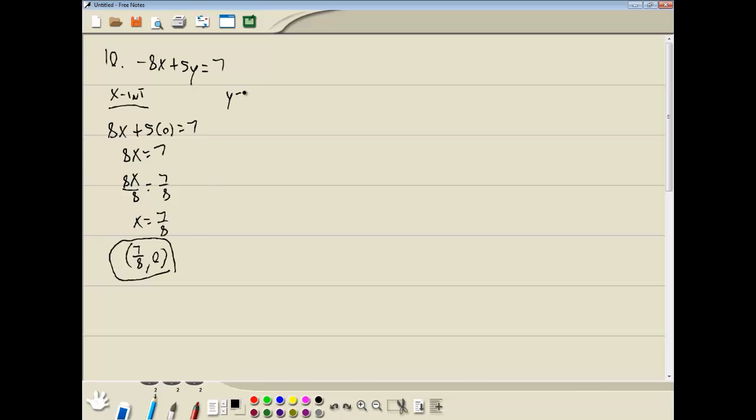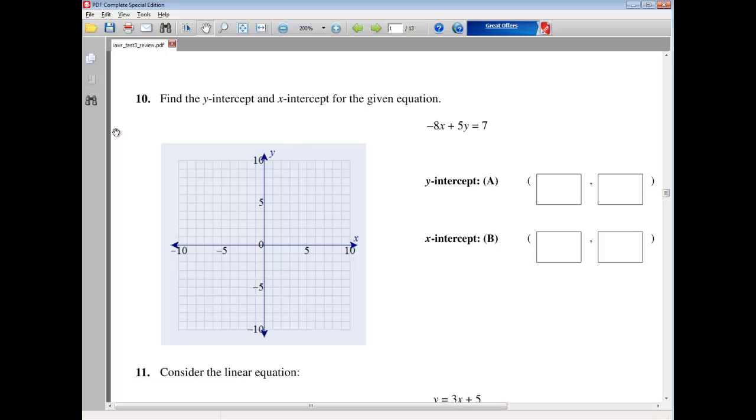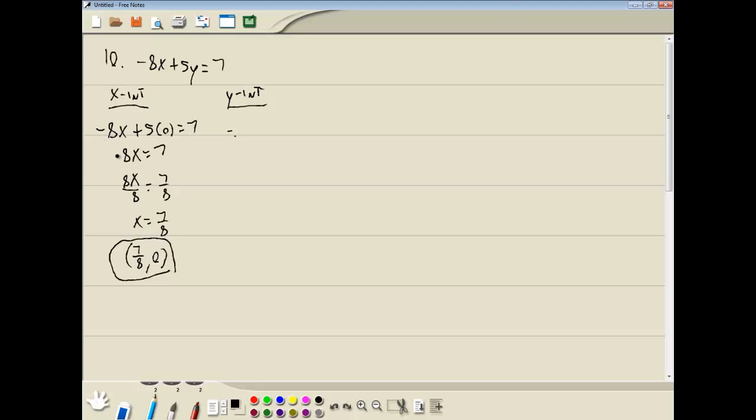Now for our y-intercept. Again, you always plug 0 into the other variable, so I'll plug 0 in for x. Is that a negative 8? Negative 8. Okay, so we'll have negative 8 times 0 plus 5y is equal to 7.